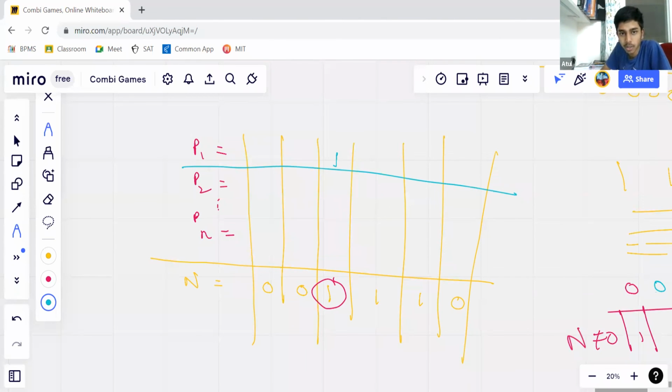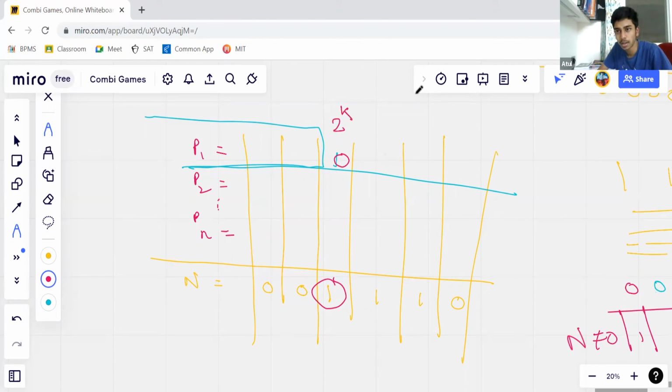So the idea is that everything to the left of this is 0. I'm not going to touch this. If I make this 1 into a 0, then whatever ones and zeros I change the rest of this pile to, this number is going to be strictly smaller than how much P1 was.